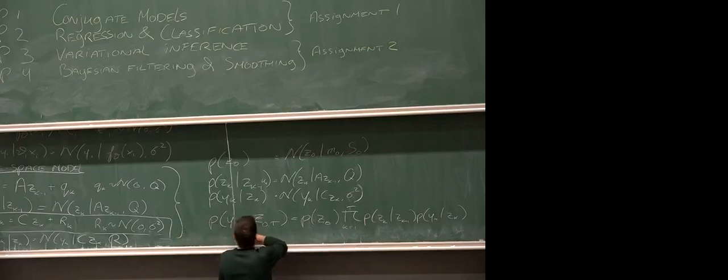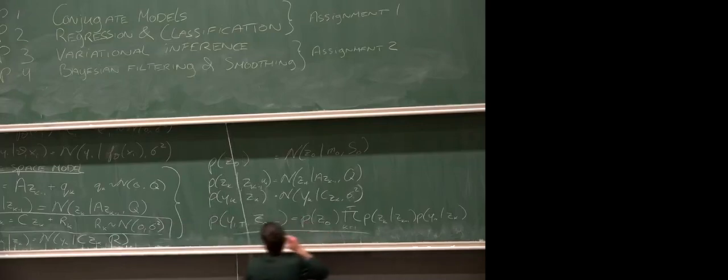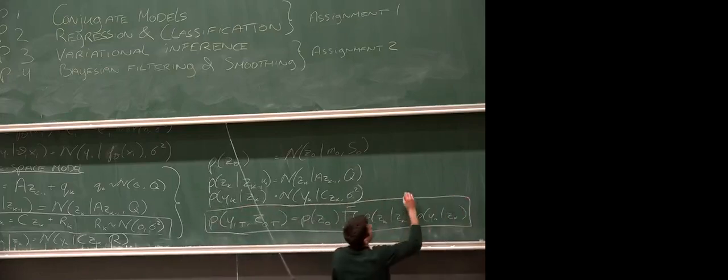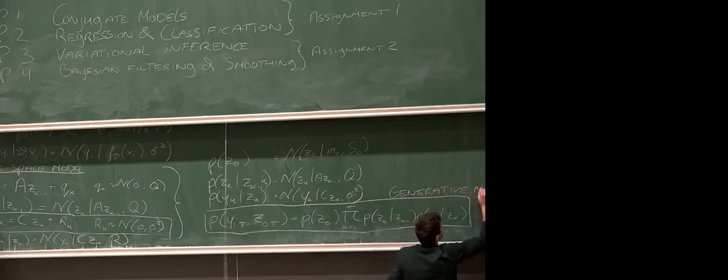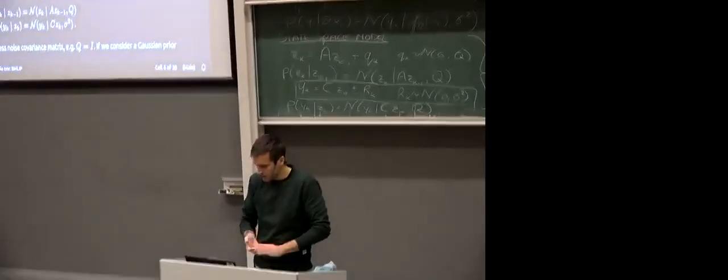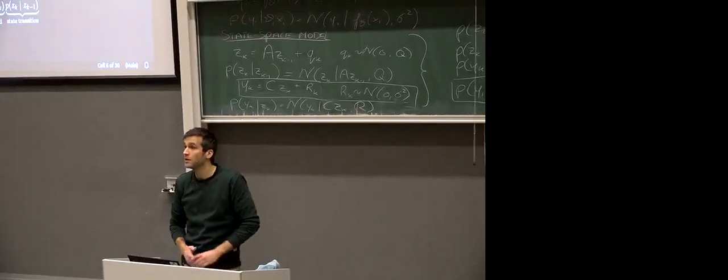So this description is the joint distribution, the generative model, of our entire time series. That's the full probabilistic model that describes how we think our measurements were generated. Any questions on this?